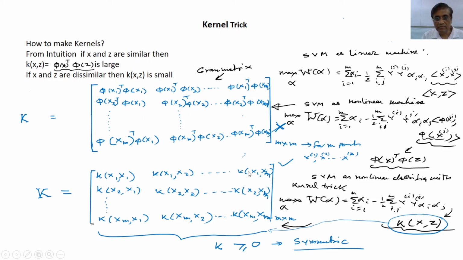So, using the kernel trick, we can always use the support vector machine as a linear classifier in a very high dimensional feature space.